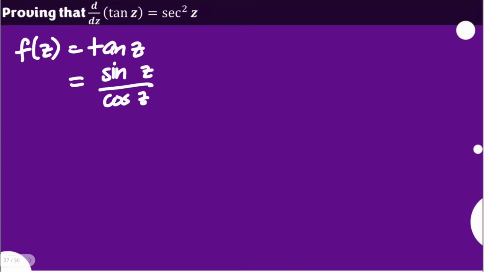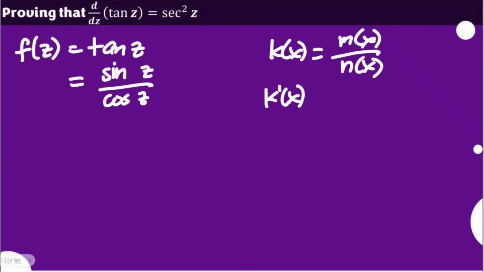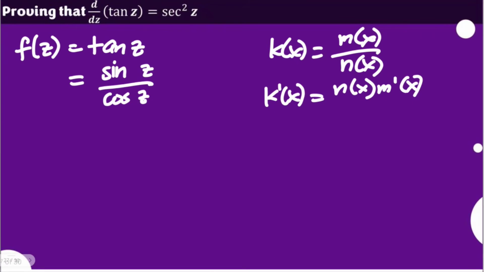We know that if, for example, our quotient is, let's use another variable here, let's say k of x is equivalent to the ratio of m of x and n of x, its first derivative is the denominator times the derivative of the numerator, minus the numerator times the derivative of your denominator, over the square of your denominator.